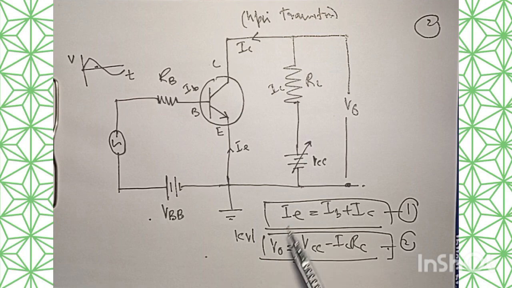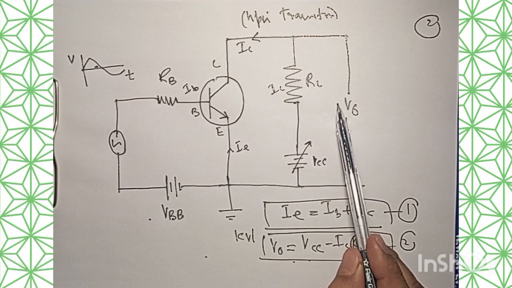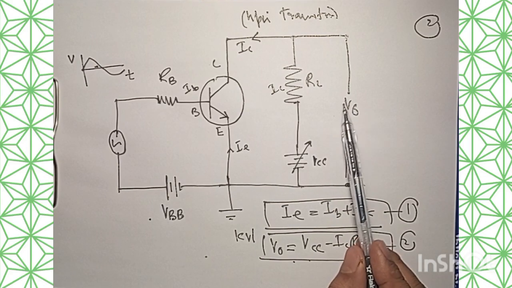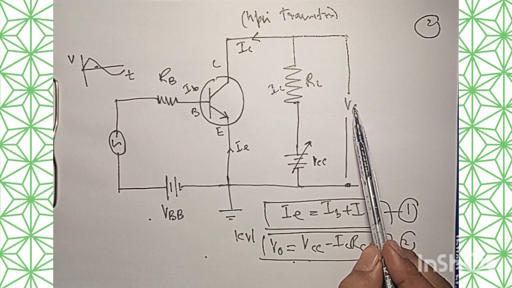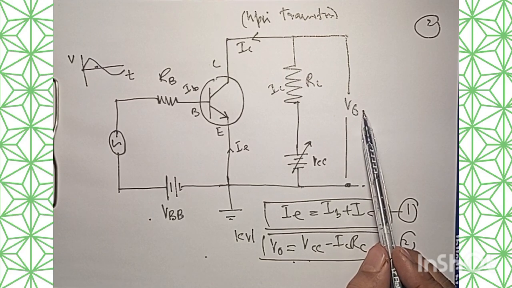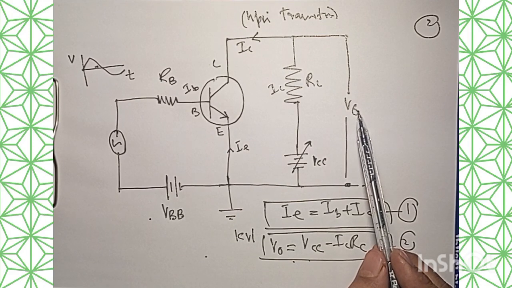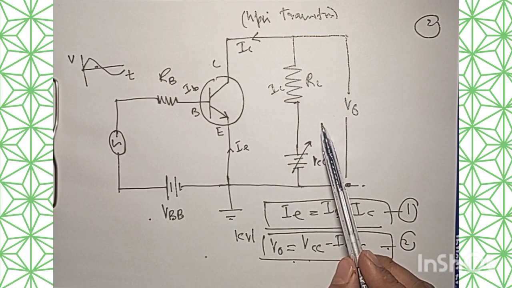Since the collector is connected to the positive terminal of the battery, a decrease in Vout means that the collector voltage becomes less positive. To say the same thing in other words, an amplified negative signal is obtained across this output.